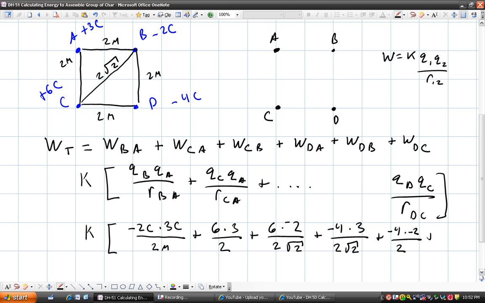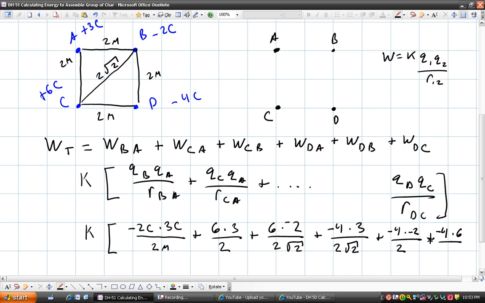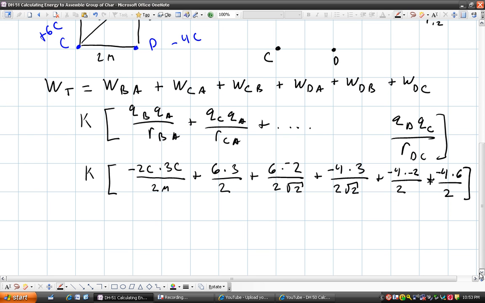And then the last term is going to be between D and C, and those two charges are minus 4 and plus 6 over the distance 2. When you plug all of that in, what you wind up with is negative 18.97 K as the total work that is done.